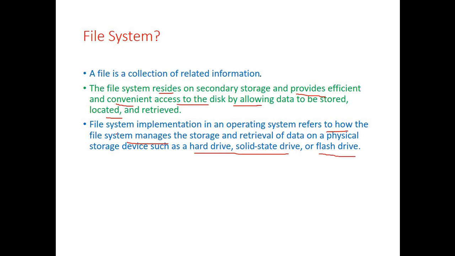Flash drive is nothing but the pen drive. So how the files are stored and how they are to be retrieved, all these things are managed by the file system management.